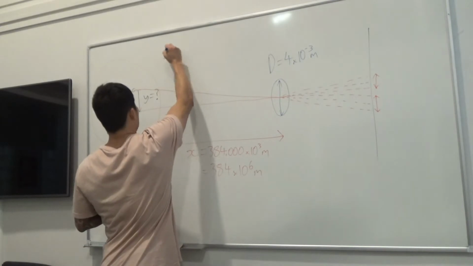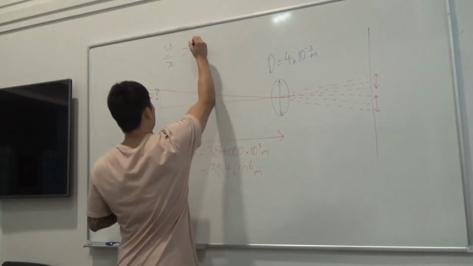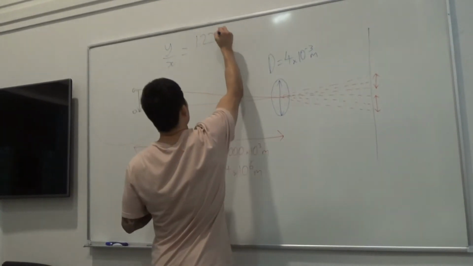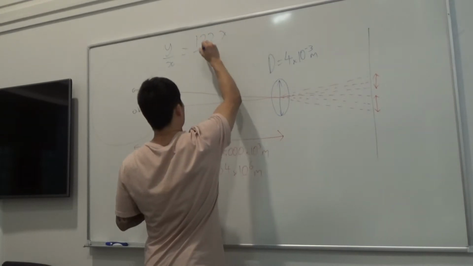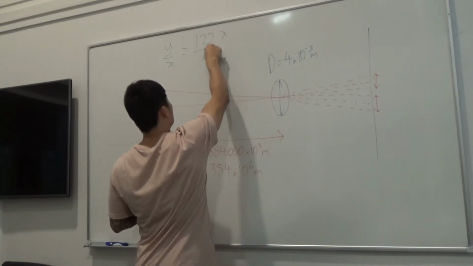So the equation is y over x is equal to 1.22 times the wavelength over the diameter.